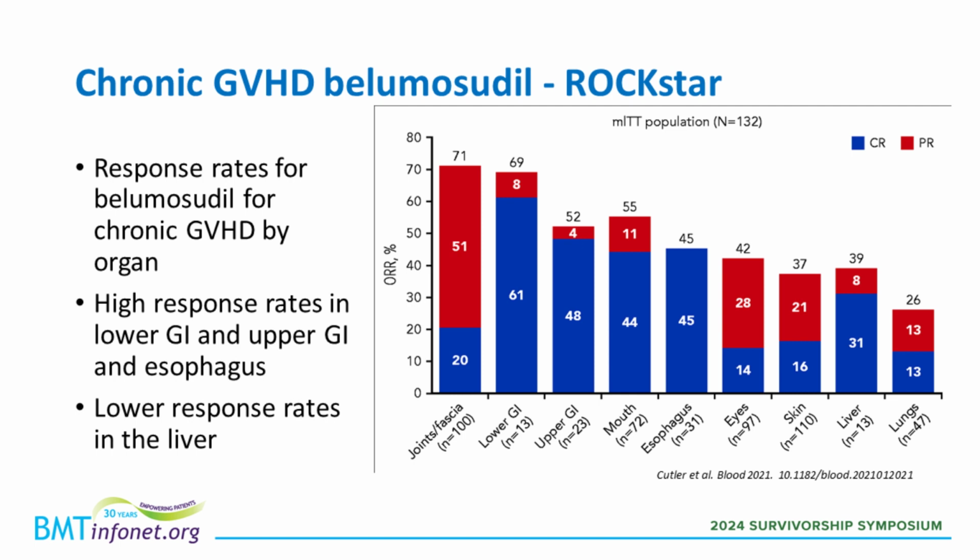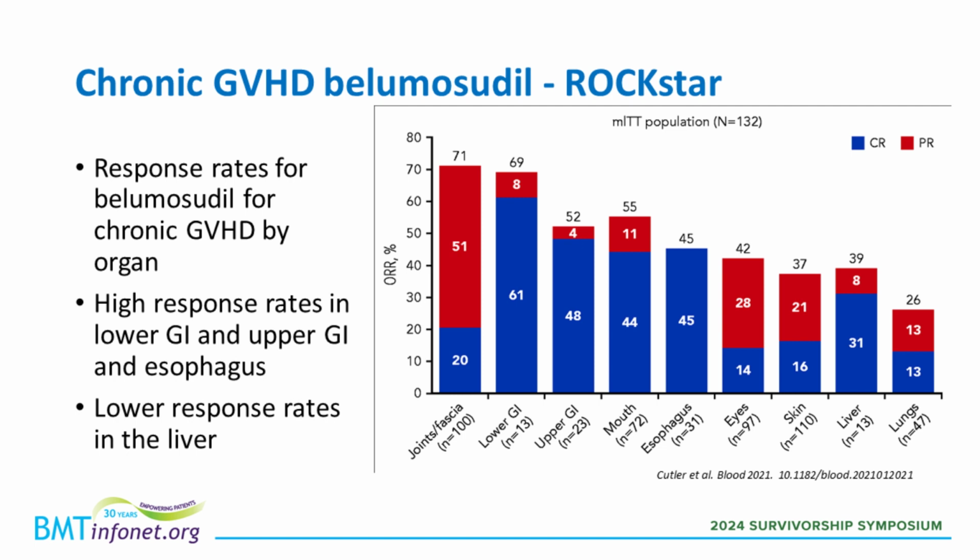The response rates here are shown by organ system for belumosudil. There were high response rates within the lower GI and upper GI, and also the esophagus, and a lower response rate in the liver. But this is not compared to anything else. This is just the response rate, just comparing it to itself. You see higher response rates in the GI tract than you do in the liver here.